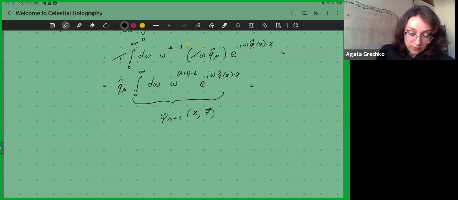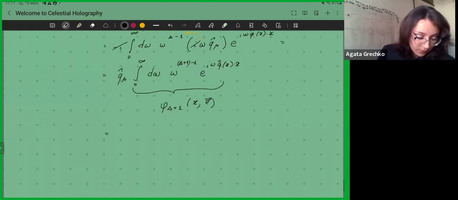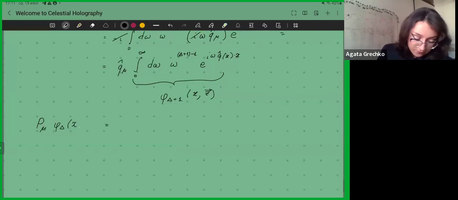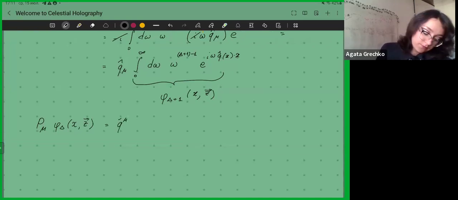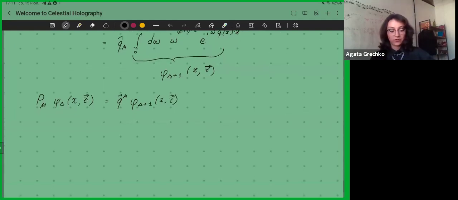So what we obtained is that the generator of translations, acting on a conformal primary wave function with weight delta, shifts the weight and also multiplies it by the vector of direction of the particle, right? Interesting story, right?